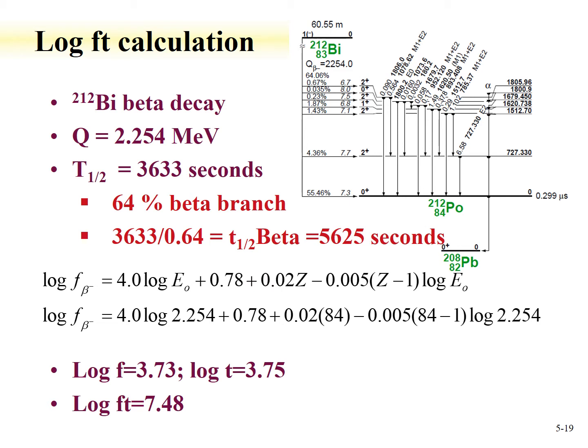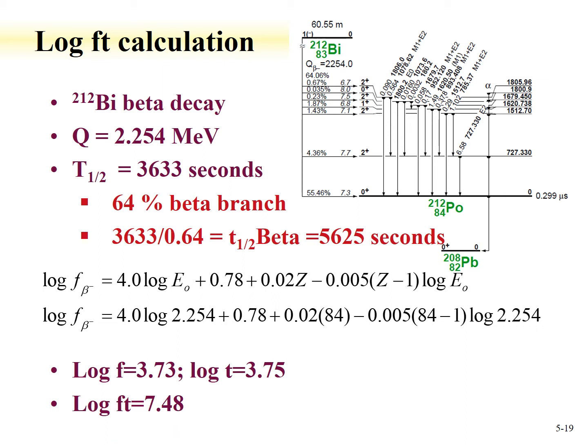Remember that this is a 46% beta branch, so we use one of the equations that we discussed earlier. If I use my equation for the log F beta minus, I plug in my half-life and my Q value. I get my log F is 3.37. My log T is 3.75. I get a log Ft value of about 7.5.